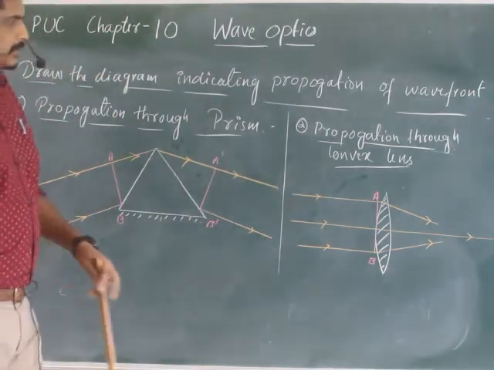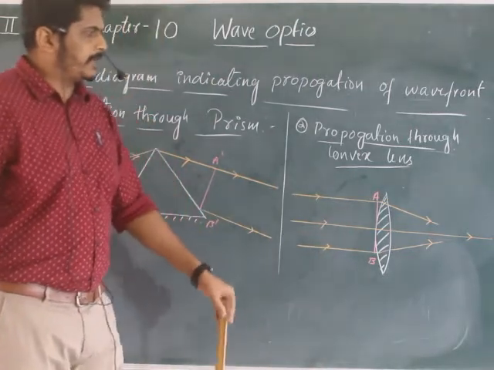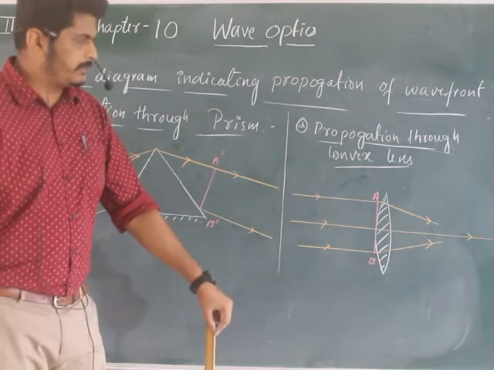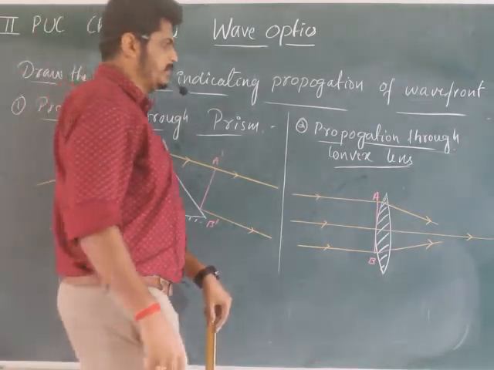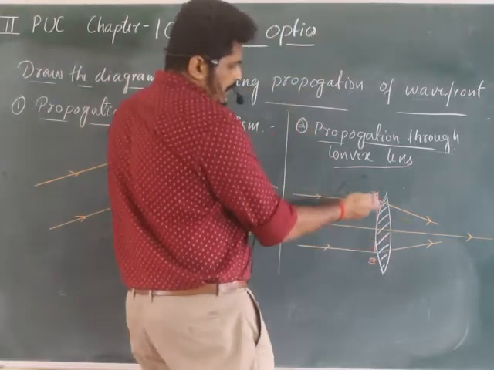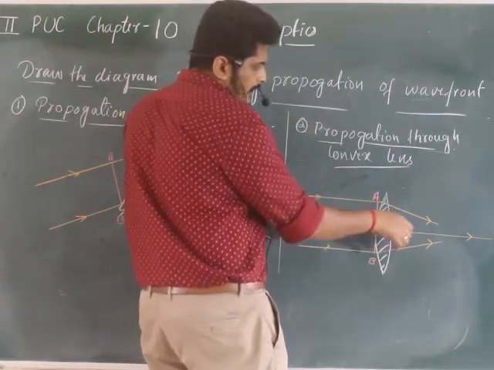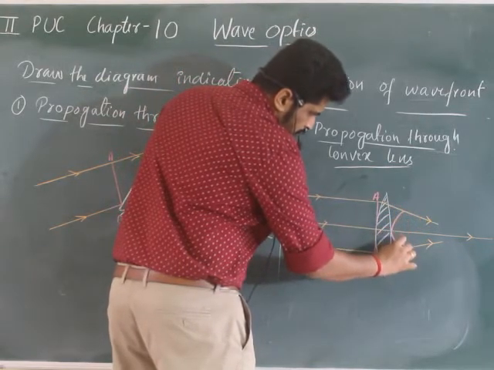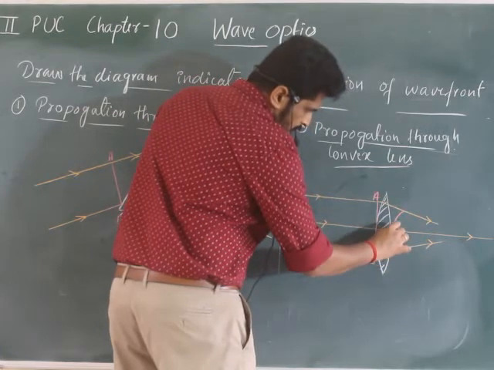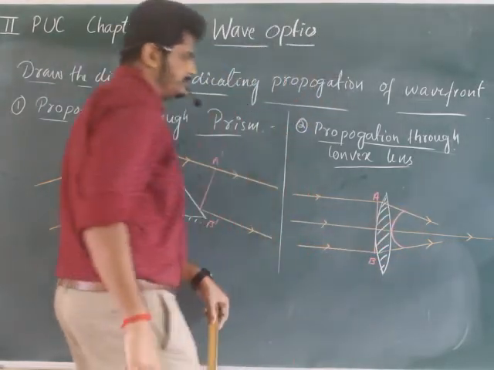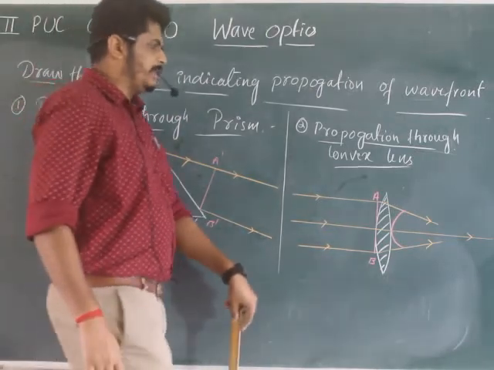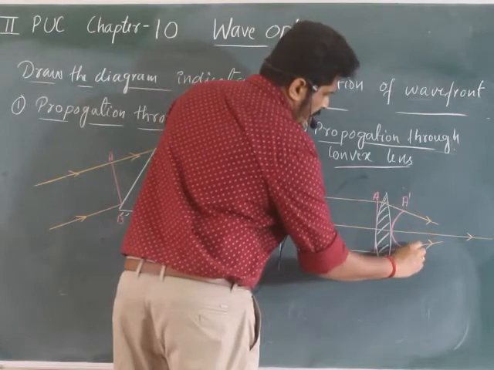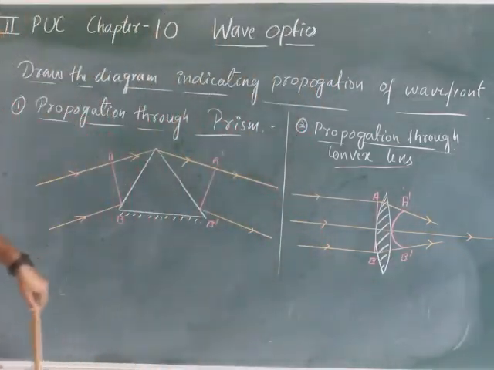So when the primary wavefront is incident on the convex converging lens, what happens? There will be refraction of light. Now the second one, will it be the same straight shape? No, it's actually bending, right? So now the wavefront will be bent like this. See, straight, it is made to bend because of the lens, the optical medium. So this is the secondary wavefront, A dash, B dash.